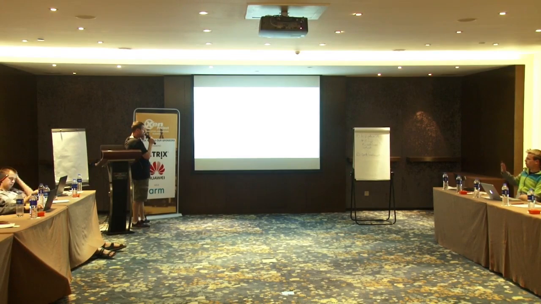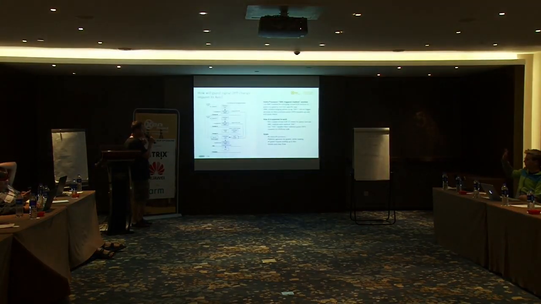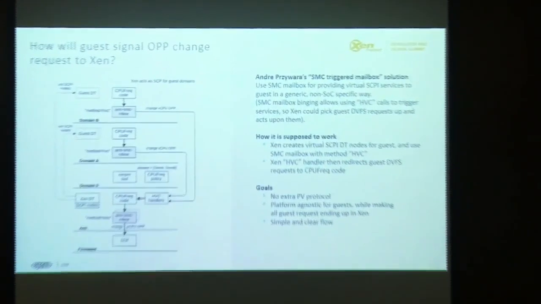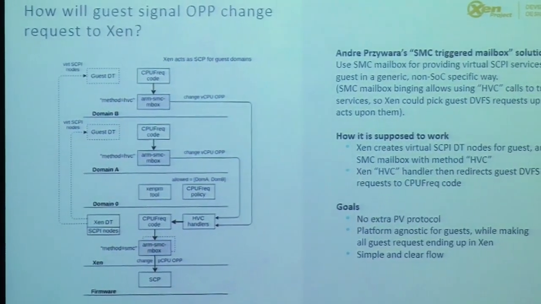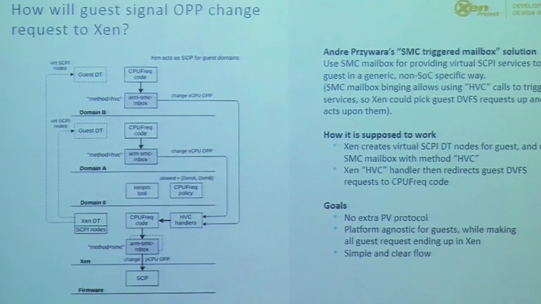An interesting thing proposed by Andrii Chepurnyi is how the guest will signal the OPP change request to Xen. So how? Is an extra PV virtualization protocol needed or not needed?